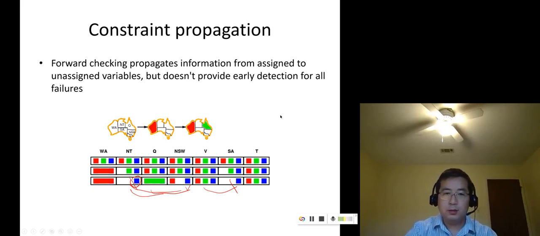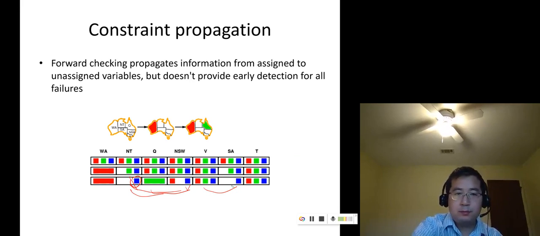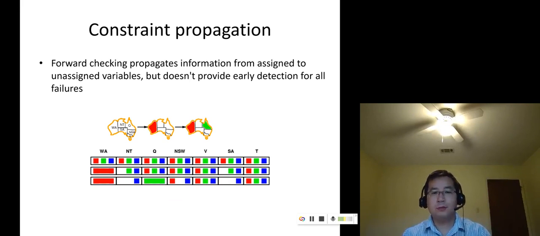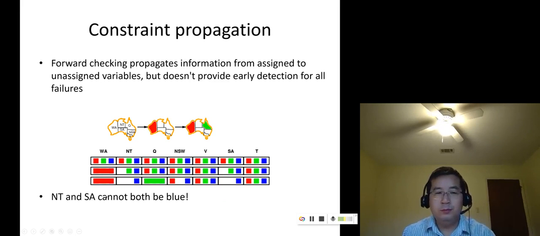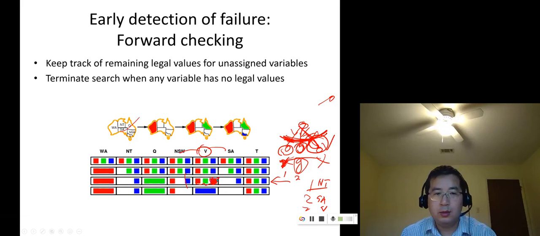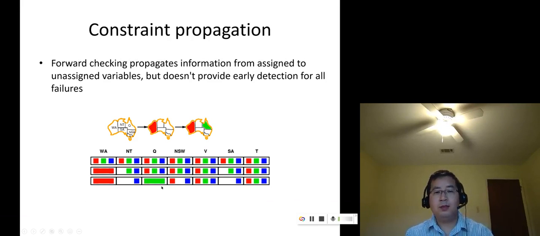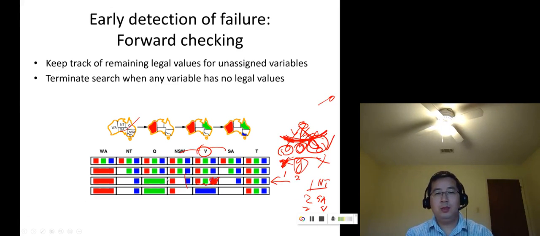Let's look at this example. This is the same as the previous one, the same from here till here. But here, you can find that we assign Q to be green, and then we delete green for NT, SA and NSW.